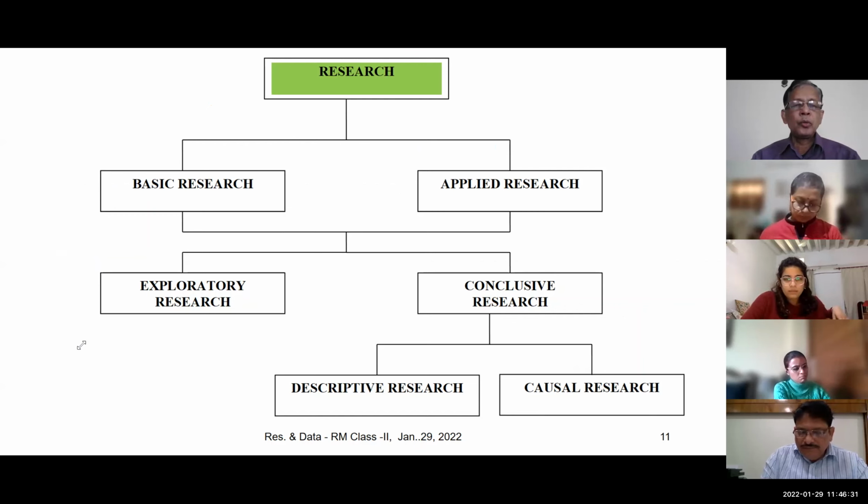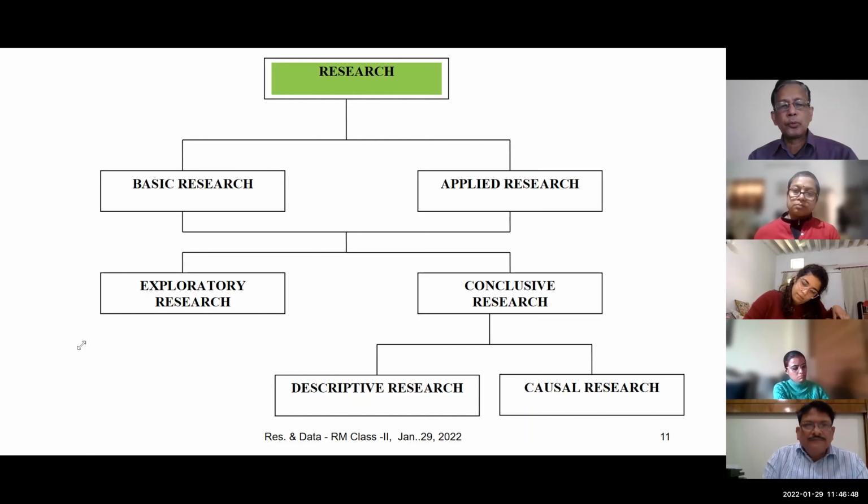Or say you countered the vaccine hesitancy factor, and what were the causes, and what intervention programs you did, and whether it resulted in some solution or not. So you can also do causal research. Am I making sense, Priyanka? Absolutely clear, sir. Thank you.